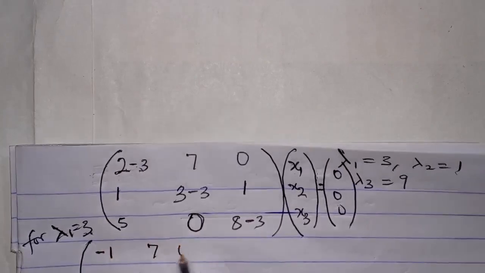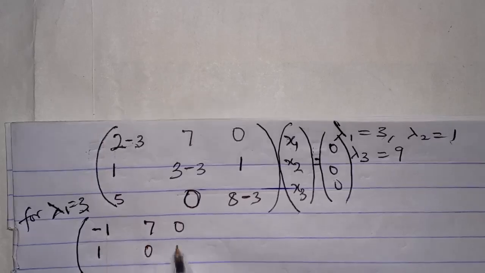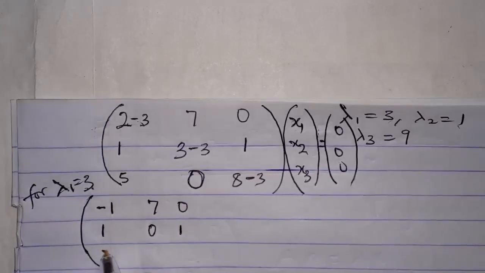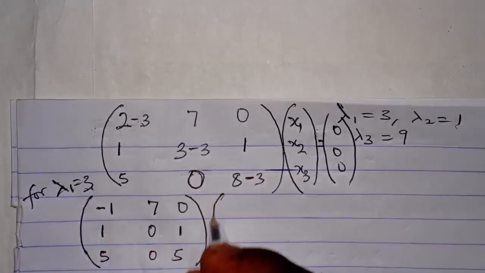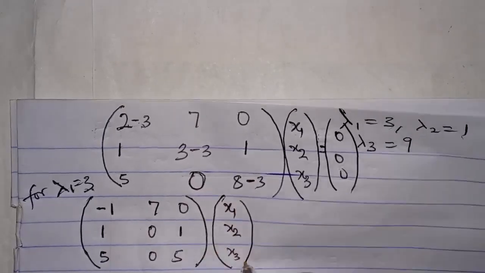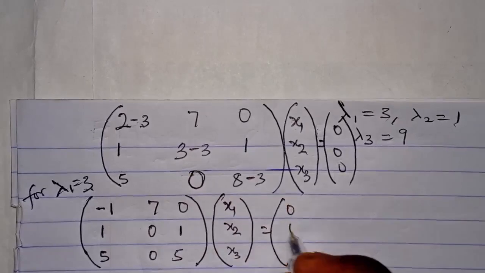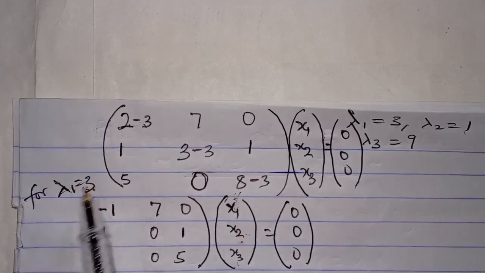We have 7, 0. Okay. We have 1, 0, 1. We have 5, 0, 5, right? Multiply by x1, x2, x3 equal to the 0 vector, 0, 0, 0. This column vector is the eigenvector that corresponds to lambda 1 equal to 3.